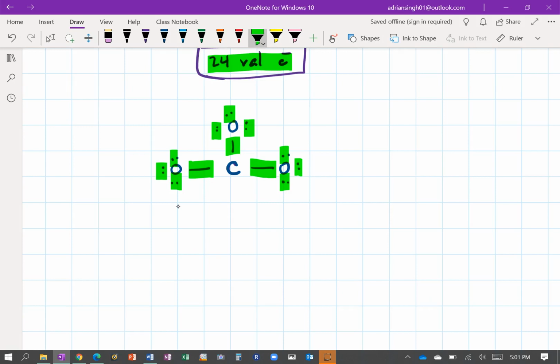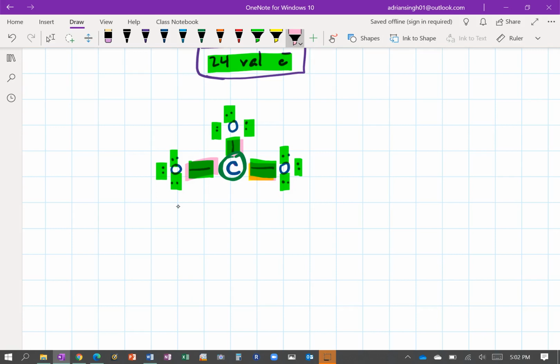We've made the oxygens happy with their octet, but if you notice the carbon in the middle, it only has 6 electrons around it, right? The 2, 4, and 6. So it actually needs 2 more electrons. But we can't add any more electrons to our structure because we already have our 24 electrons.